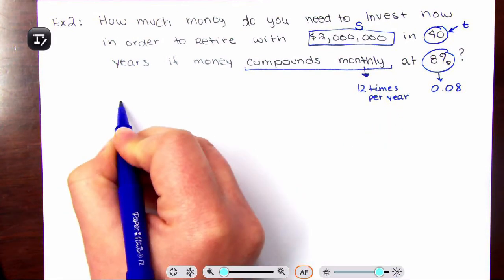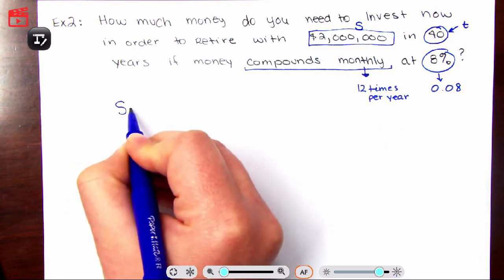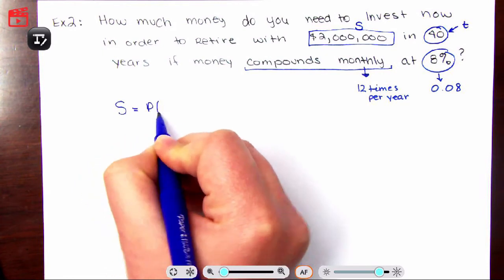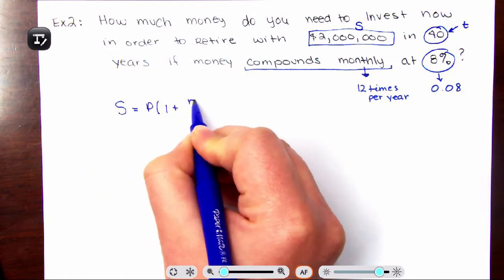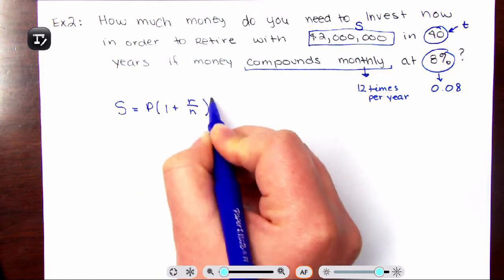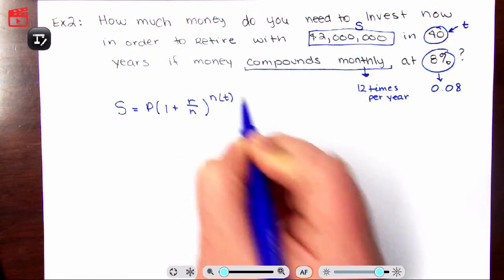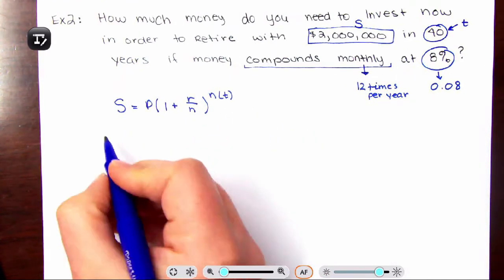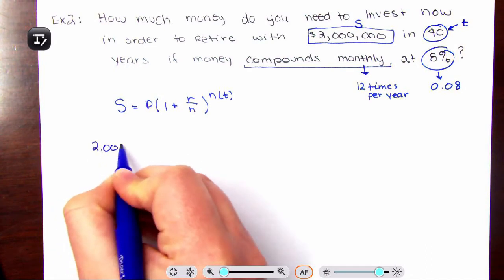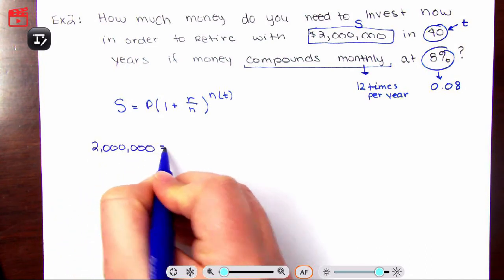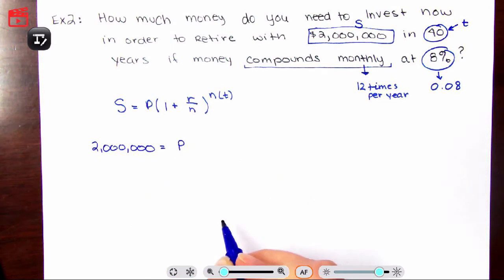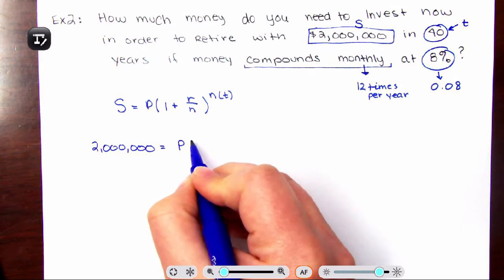Okay, let's talk about formula. Formula time. S is equal to the principal times 1 plus our rate divided by the number of times each year, to the number of times each year times the quantity of years. We want an ending value of 2 million. We want to know what our starting price is or our starting investment is.